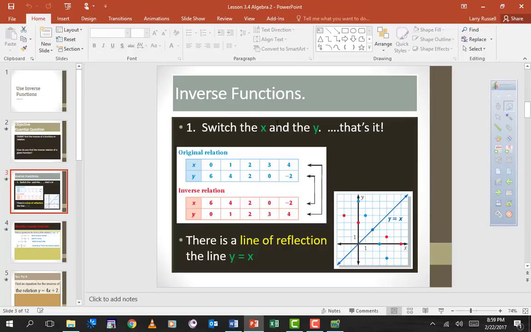So we start out by talking about inverse relations. Inverse relations are different from functions in the sense that a relation just has to do with ordered pairs, like there are x and y coordinates. A function is usually some rule instead.